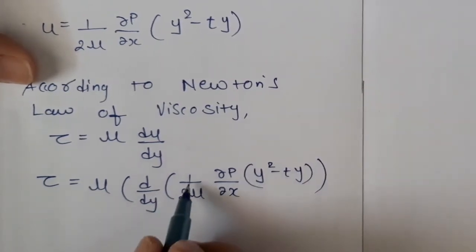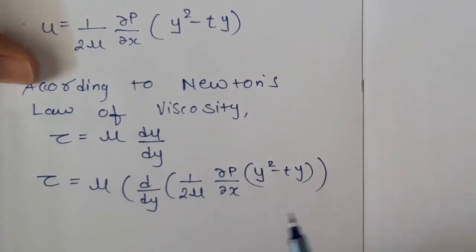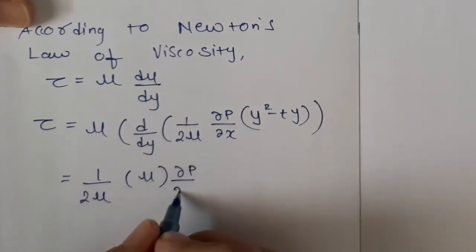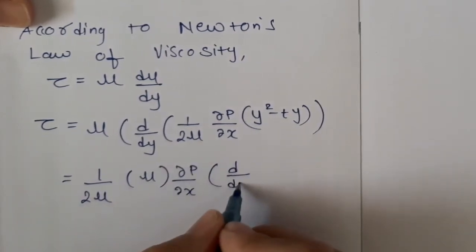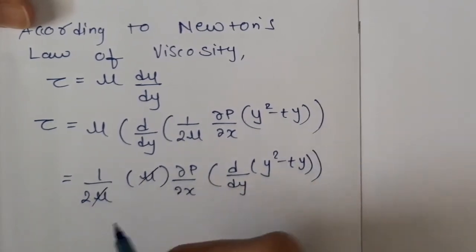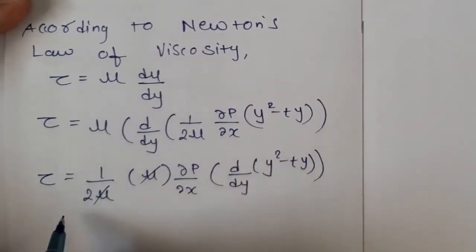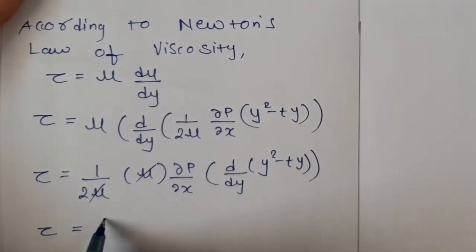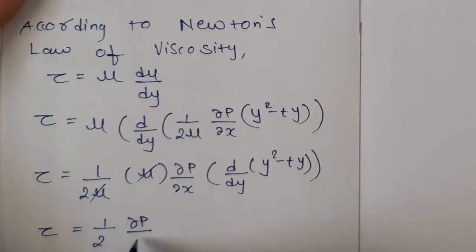As 1 upon 2 mu and del p by del x are constant, we take them out of the derivative, so we get 1 upon 2 mu into del p by del x into d by dy of y square minus ty. This mu and this mu get cancelled, so we get tau equals 1 upon 2 into del p by del x.